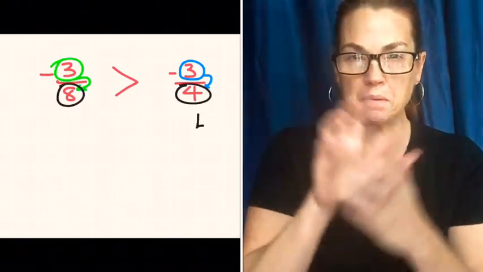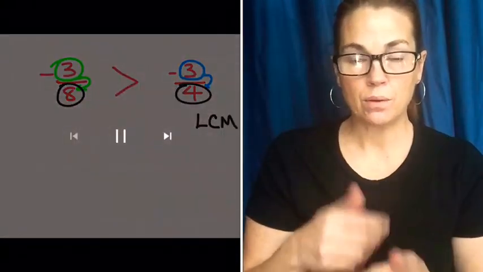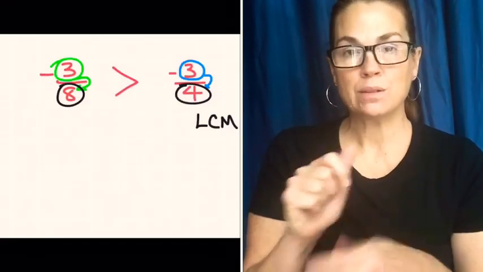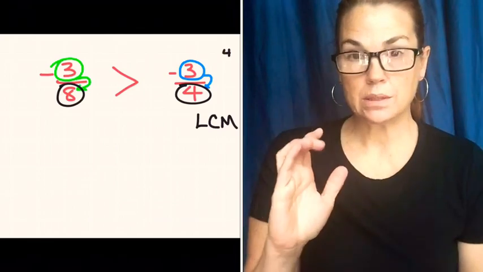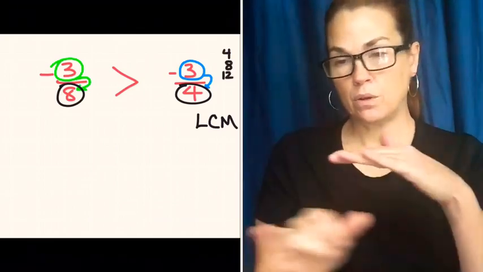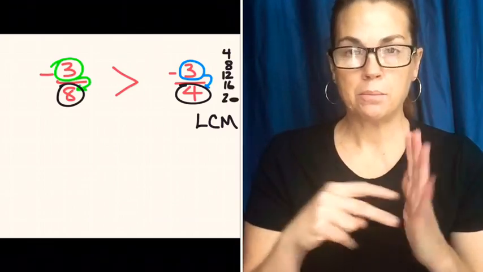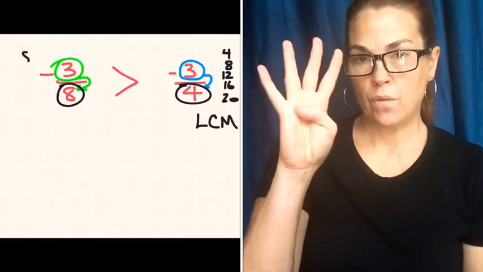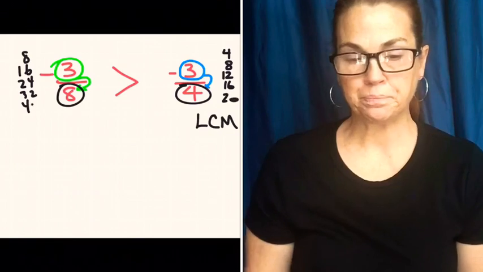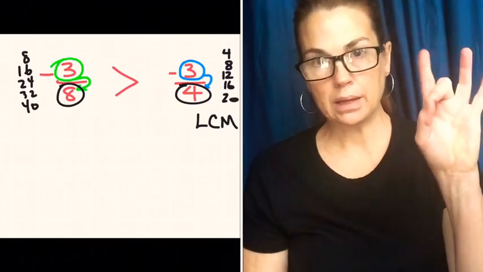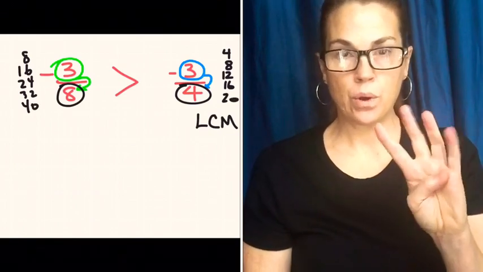If I use the least common multiple to find a common denominator, I'm taking multiples of your denominator, 4, 8, 12, 16, 20, or 8, 16, 24, 32, 40. I'm looking for numbers that are on both lists.